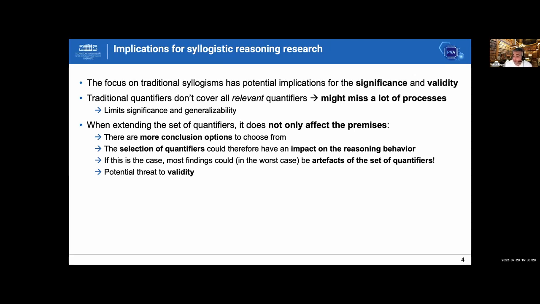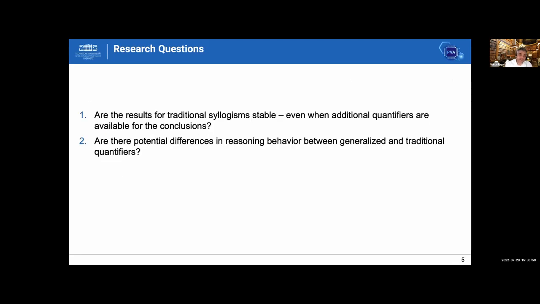The selection of quantifiers could then have an impact on the reasoning behavior. If this is the case, most findings could, in the worst case, just be an artifact of the set of quantifiers that have been presented, and therefore it's a potential threat to validity, because we want to really know what cognitive processes are underlying it, and not because of these restrictions.